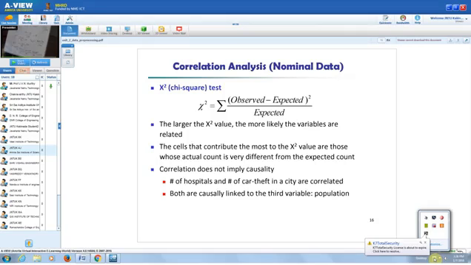What are the possible combinations? Fiction by male, fiction by female, non-fiction by male, and non-fiction by female. These are the only four combinations possible. If more numbers are there, you will have more combinations.